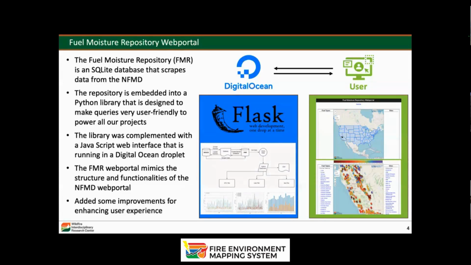It's basically an SQLite database that scrapes data from the National Fuel Moisture Database. It puts everything in a very simple format that's easy to work with, and it's packaged with a very user-friendly Python library, so you can just get and query the data that you need. We then pair it with a Flask and JavaScript web interface that also tries to be very simple to use.